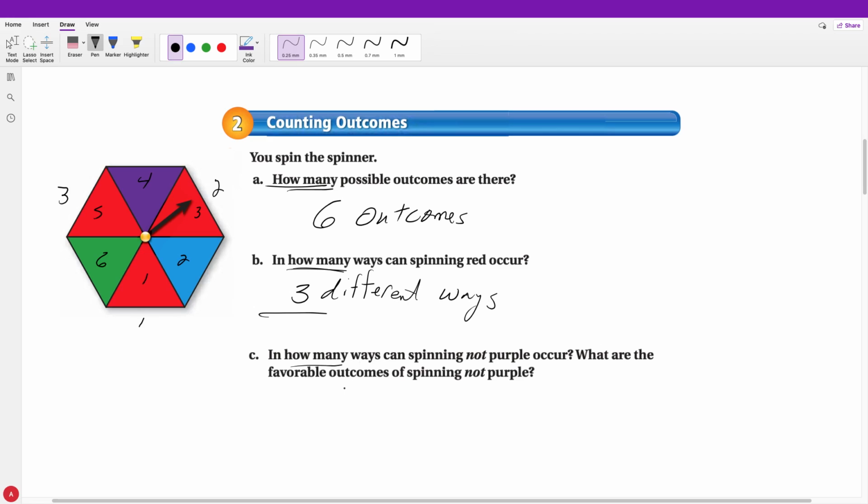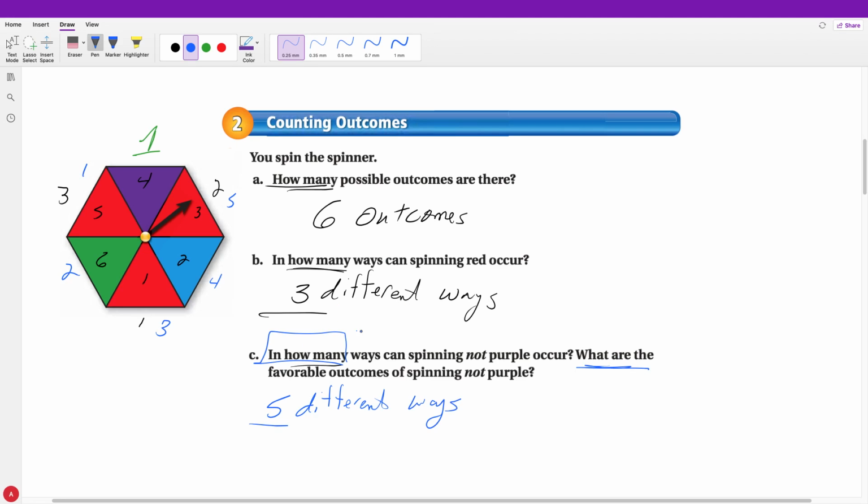In how many ways can spinning not purple occur? Well, if this is our only purple space, then we have 1, 2, 3, 4, 5 different ways that non-purple can occur. So 5 different ways. This question said how many. Now the second part of this question says what are.